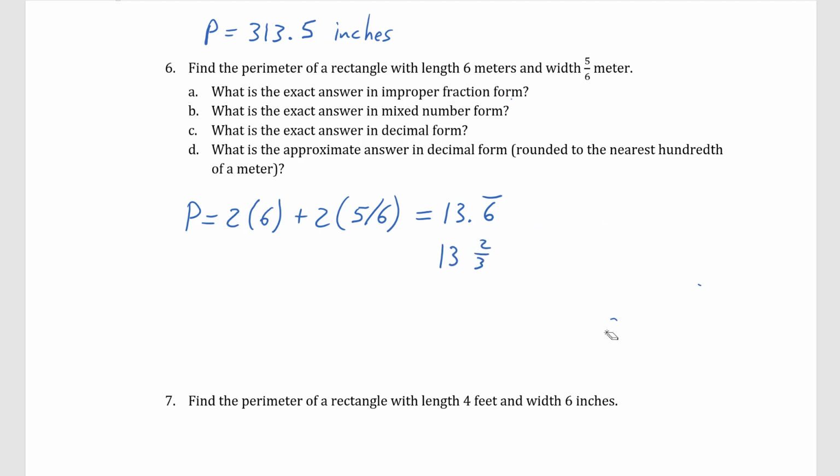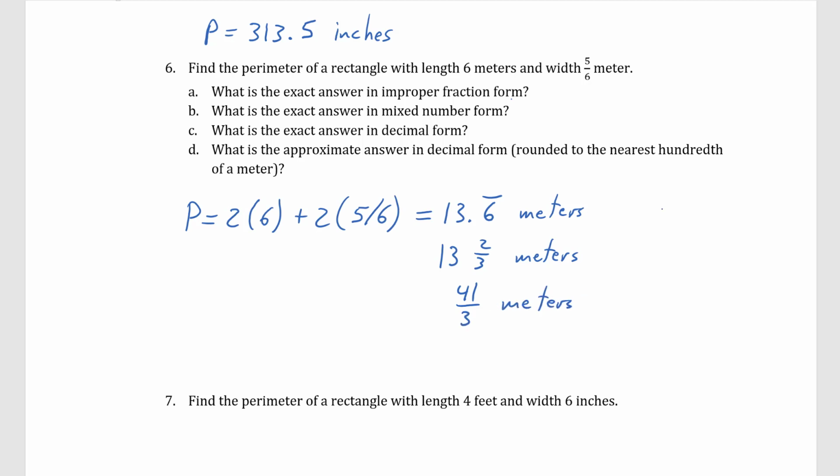And I forgot my unit on the first one, so let me erase and fix that. It's 13.6 repeating meters. This is 13 2/3 meters. Now if you press the second key and the ABC key, that should convert you to what's called an improper fraction. And in this case you should get 41/3 meters.